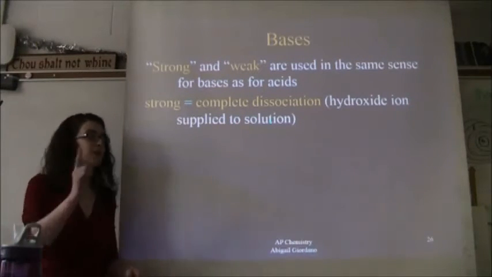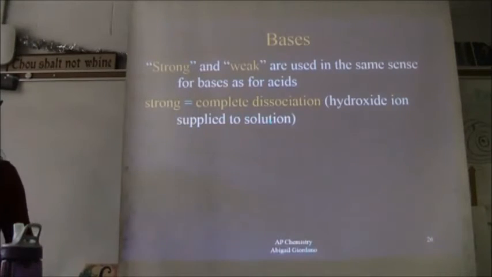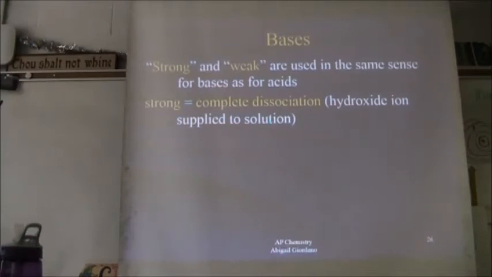Everyone always says Ca(OH)2, and that's true. You remember three of your strong bases: calcium hydroxide, barium hydroxide, and strontium hydroxide. But there's more than three.